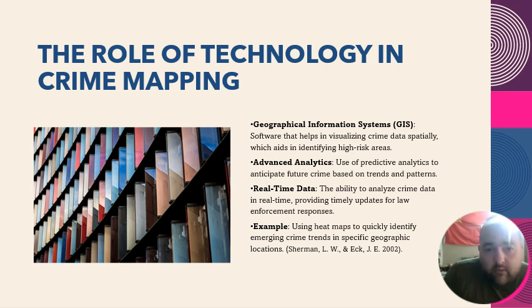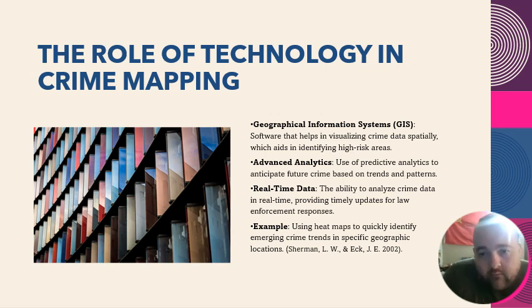And I really wanted to touch on going back to the technology and crime mapping, and just the technology in general. We talked about GIS, the Geographical Information System, which we touched on quite a bit. It is software that helps visualize crime data and where crime is at the most and where help is needed the most.